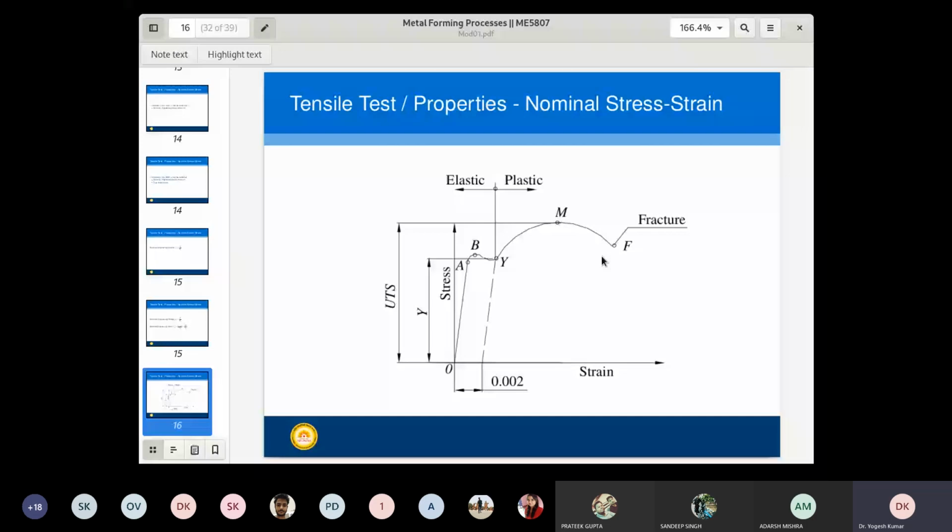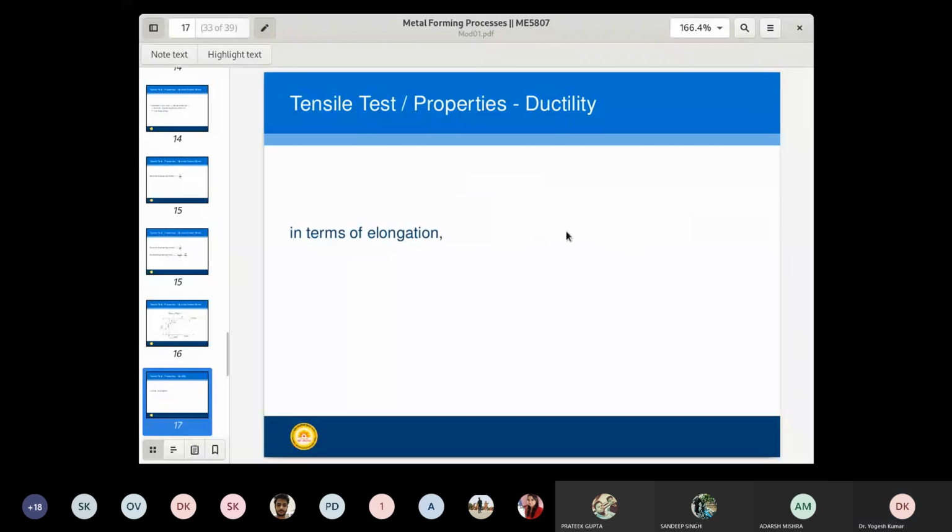So through this stress strain curve, we can understand which area will be useful for us during metal forming processes. From this tensile test, there are a number of properties that may be calculated.